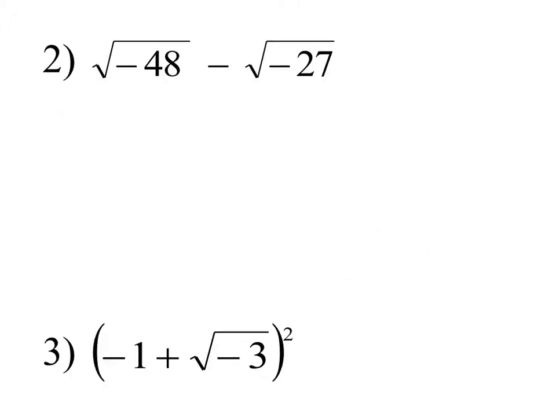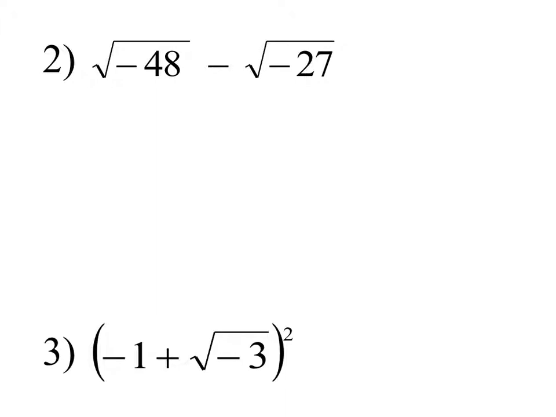Now in this example, we are subtracting these two radical expressions. And if you remember from Algebra 2, that you cannot combine two radical expressions that aren't like terms. So we have to get these two radical expressions into like terms first. So what we want to do is try to find what perfect squares we have inside these radicals.